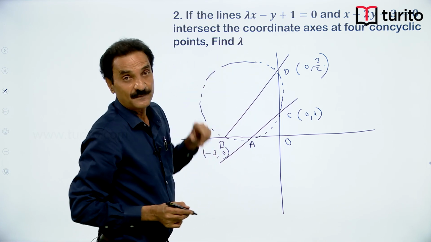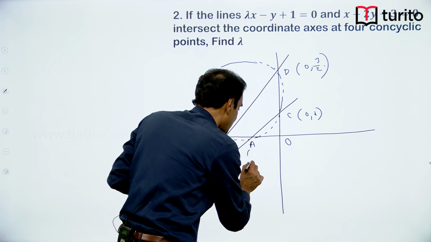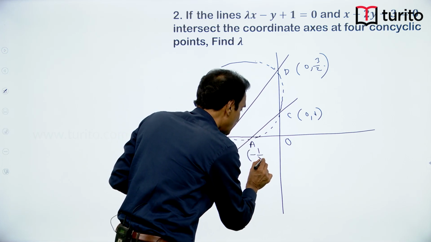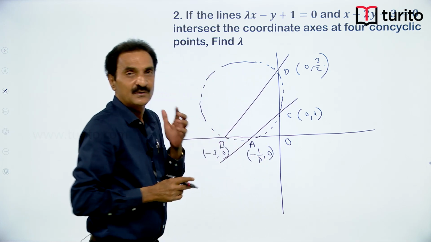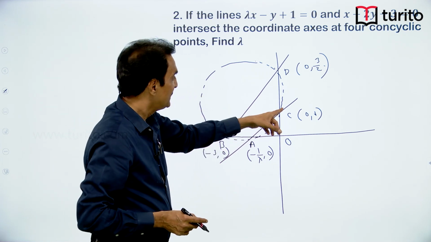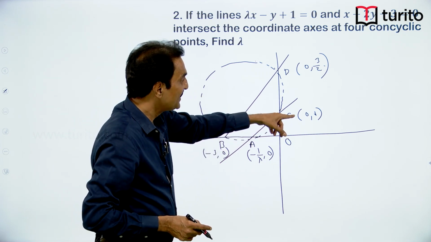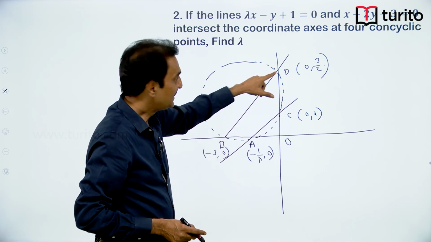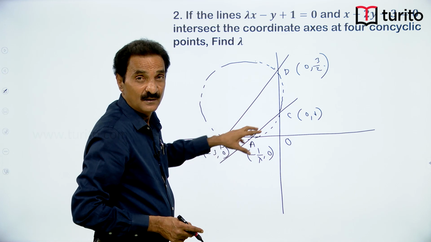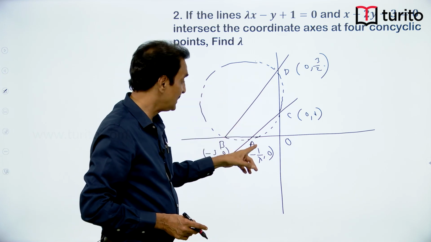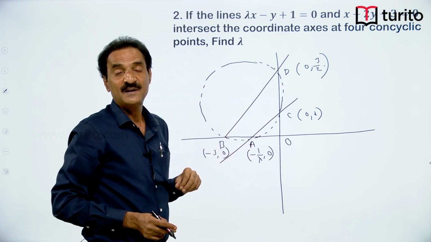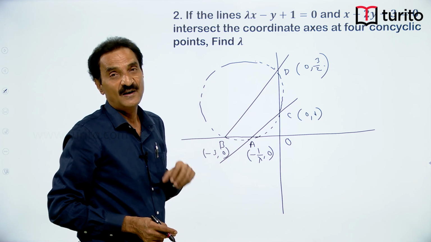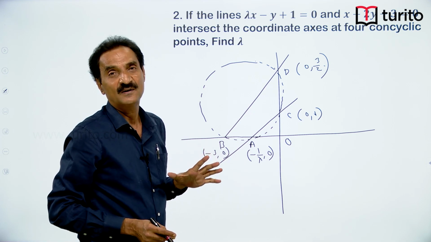And the x-intercept of the first line is −1/λ, so this is (−1/λ, 0). First they will find the equation of the circle passing through B, C, D, because those points are completely known. Then in the equation of the circle, by substituting −1/λ, you will get the value of λ, but that is very long.